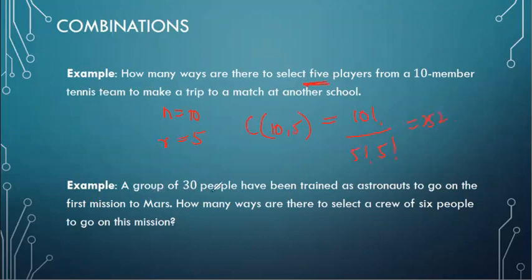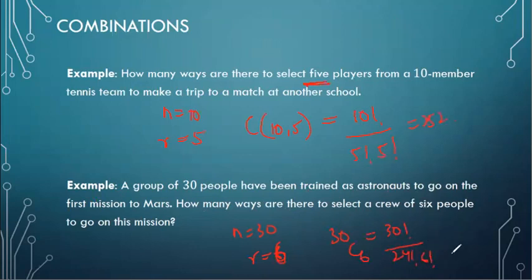Similarly, a group of 30 people have been trained as astronauts to go on the mission to Mars. How many ways are there to select a crew of 6 people to go on this mission? We have 30 people in total, and we want to select only 6, so R is equal to 6. The selection will be made this way, 30C6, which is 30 factorial by 24 factorial into 6 factorial.